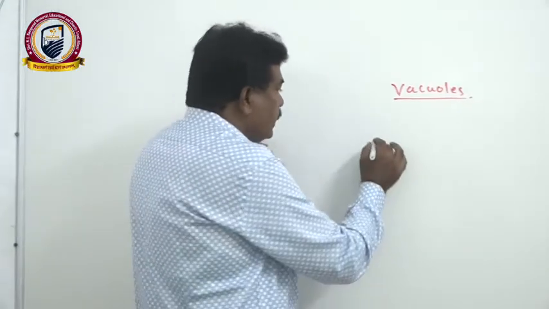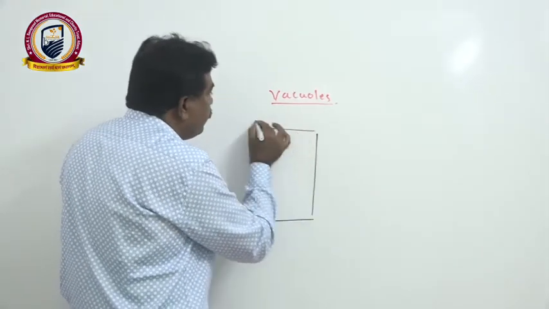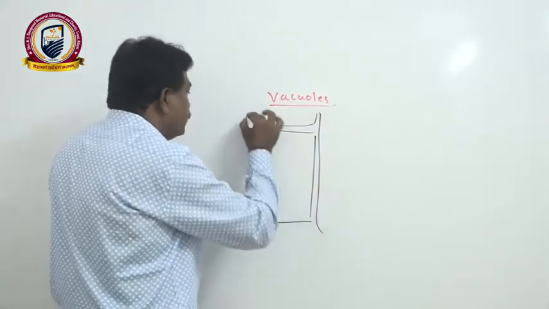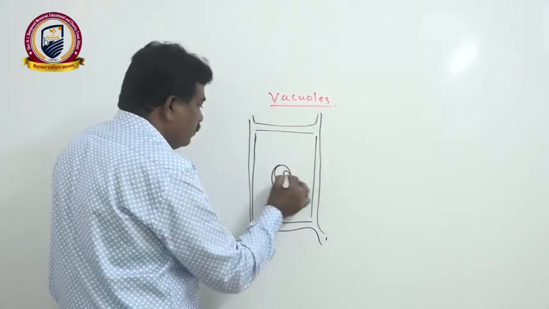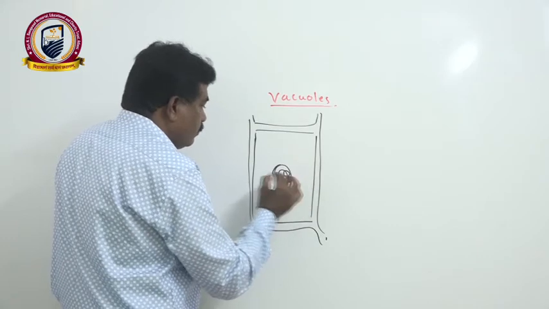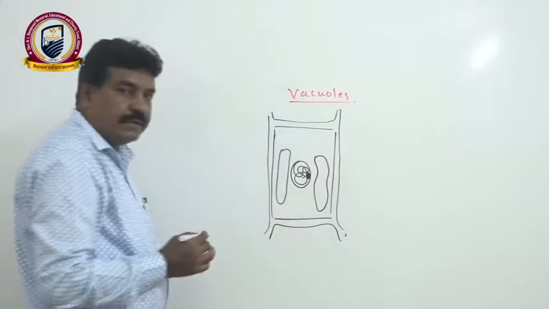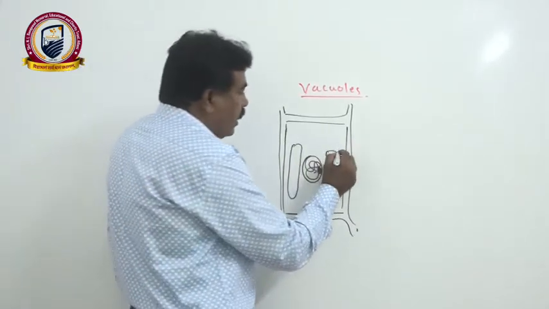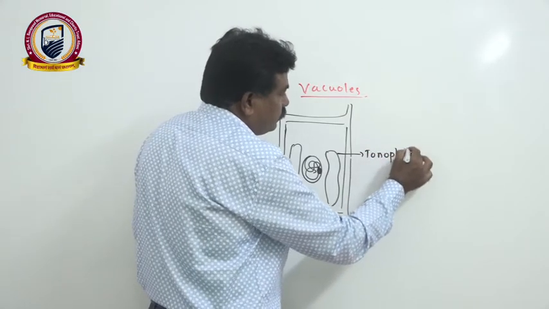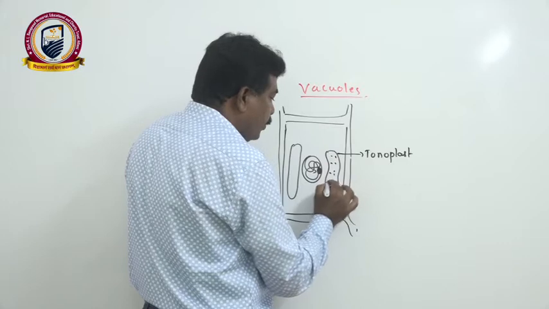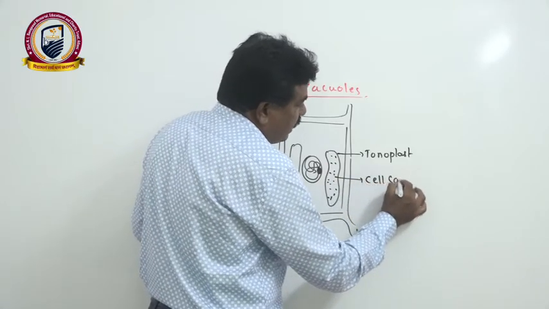Vacuoles are specialized cell organelles mainly found in plant cells and mainly absent in animal cells. Each vacuole has a membrane called the tonoplast with a nutrient-filled liquid, which we call cell sap.